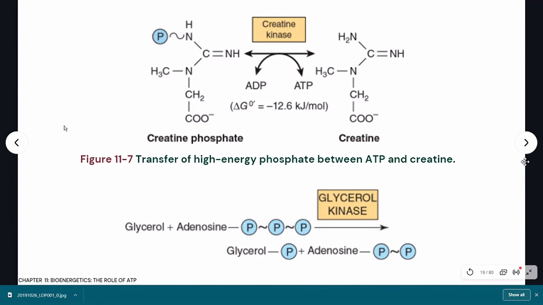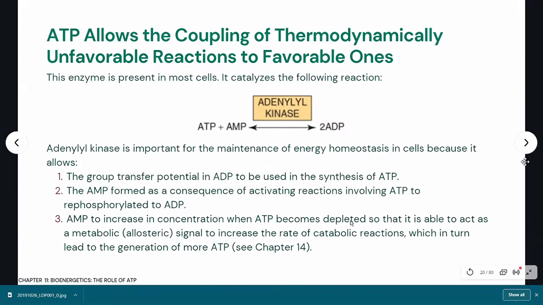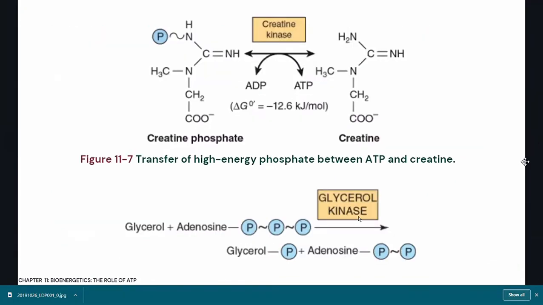Here's another reaction. Glycerol plus ATP, or adenosine triphosphate, catalyzed by glycerol kinase. Whenever you have an enzyme that ends in kinase, that means a phosphorylation reaction, meaning a phosphate is added.